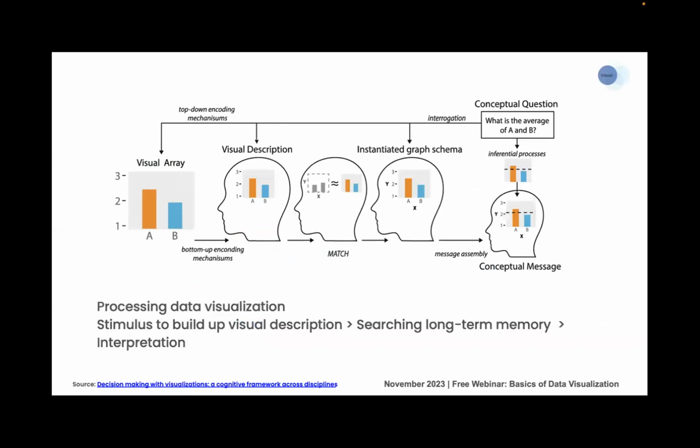Another thing that I'd like to share is that a lot of data scientists or neuroscientists came up with this theory, and they actually had a lot of experimentation. People actually use what they call visual array. When people see a new visualization, they're actually thinking about what they've seen in the past.